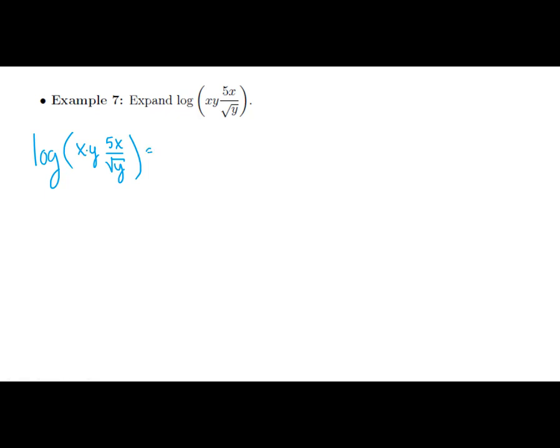First of all, if I'm taking x times y times this fraction, this can be x times y over 1. So the numerator inside the logarithm can become 5x squared y. And then this square root of y on the bottom is also the same as y to the 1/2.